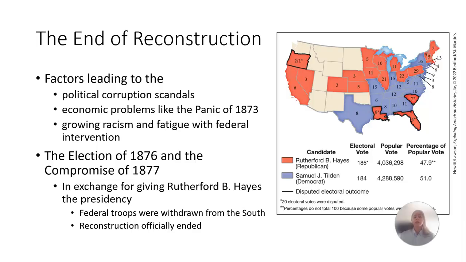Reconstruction was a moment of possibility, but also a moment where the nation stepped away from protecting those rights. And that decision shaped American history for generations, especially who is participating in politics and who's being left out. We don't see a lot of people of color participating in politics for a long time. It's because they were denied that.